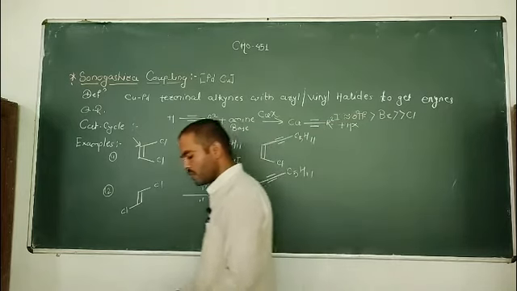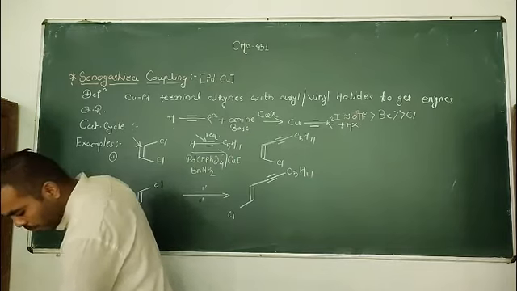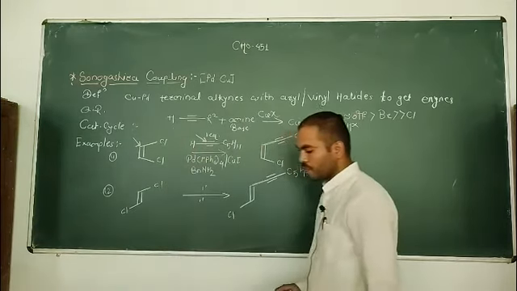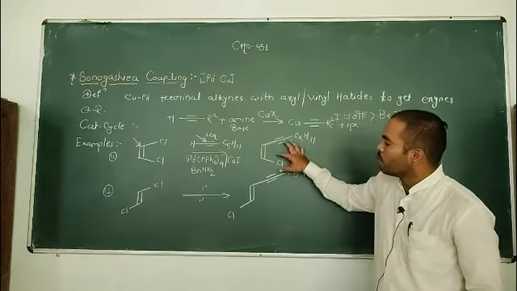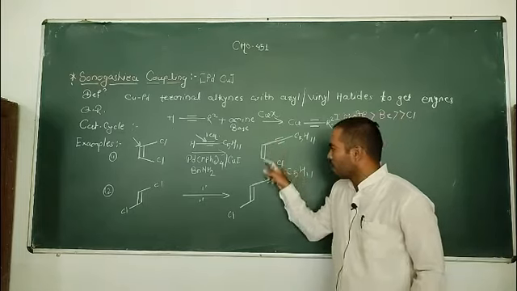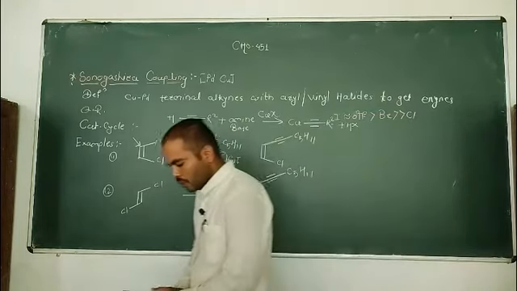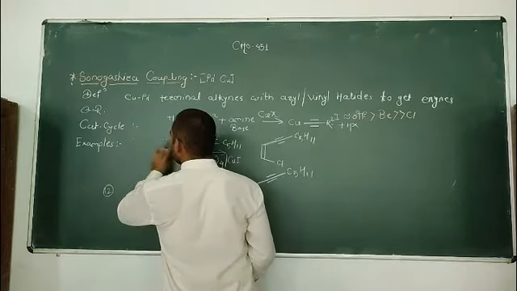In every coupling reaction there is no change in stereochemistry. If we use two equivalents, we get both alkyne groups attached to that carbon. Another example related to this Sonogashira coupling.